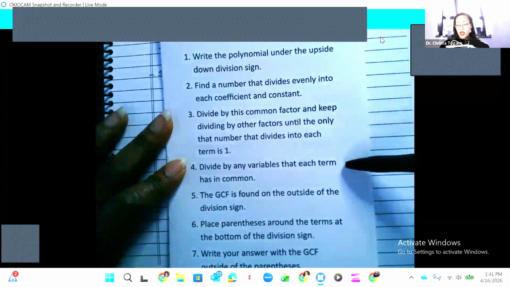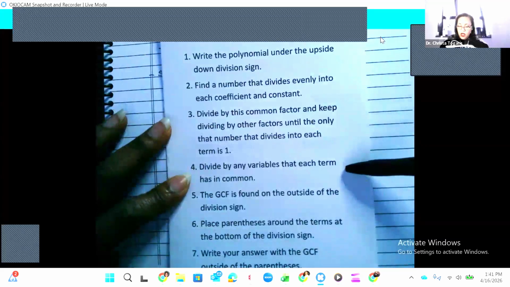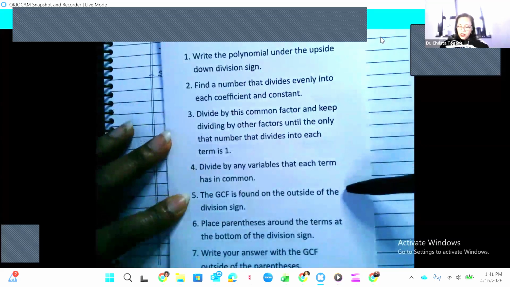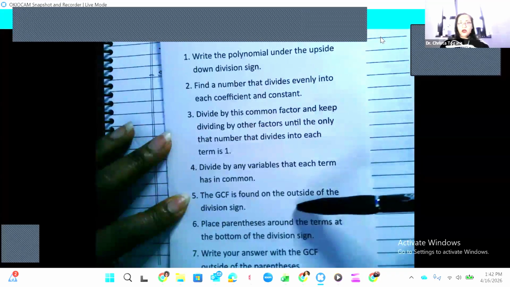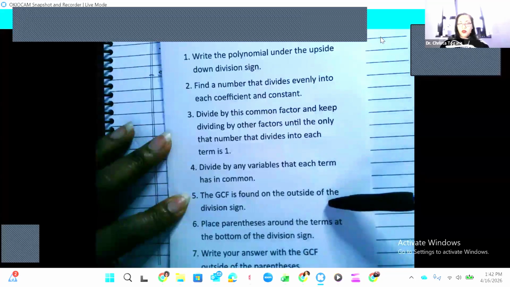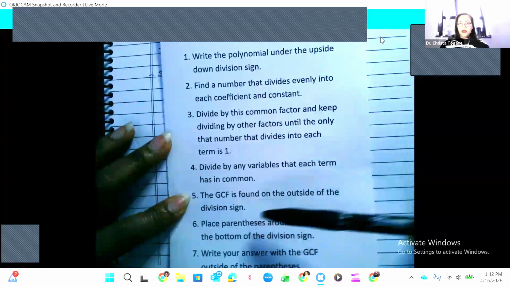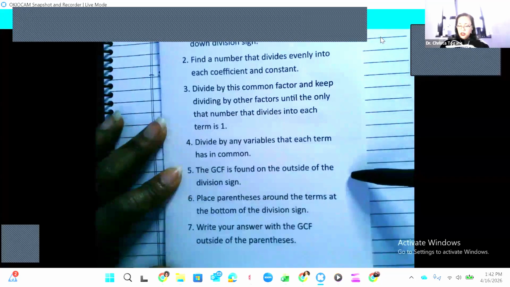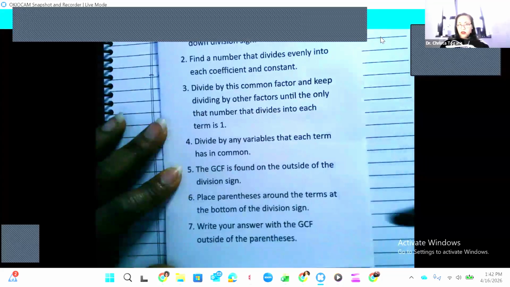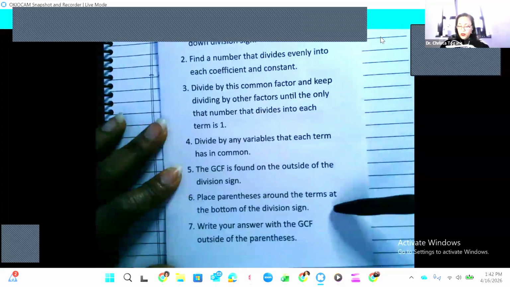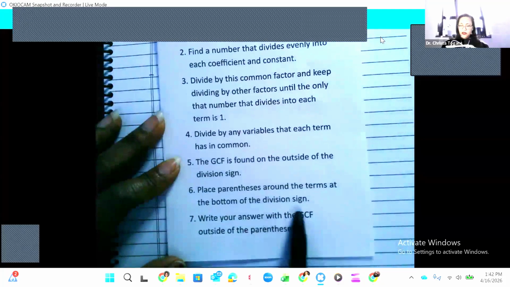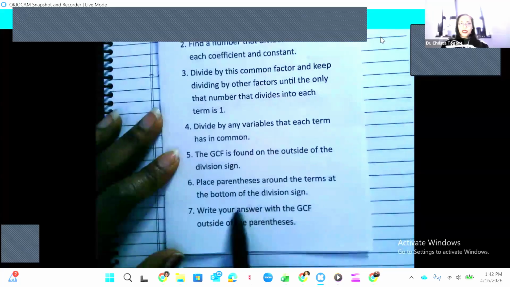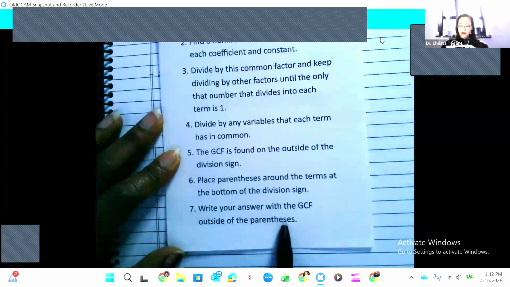That's basically what that all means up to about 4. And then you put those common factors on the outside of the parentheses. It says division sign, but it's really a parenthesis, which is also, division parentheses are grouping symbols, okay? And then it says place parentheses around the terms at the bottom of the division sign. So I'm not going to do mine exactly that way, but you'll see. Okay.